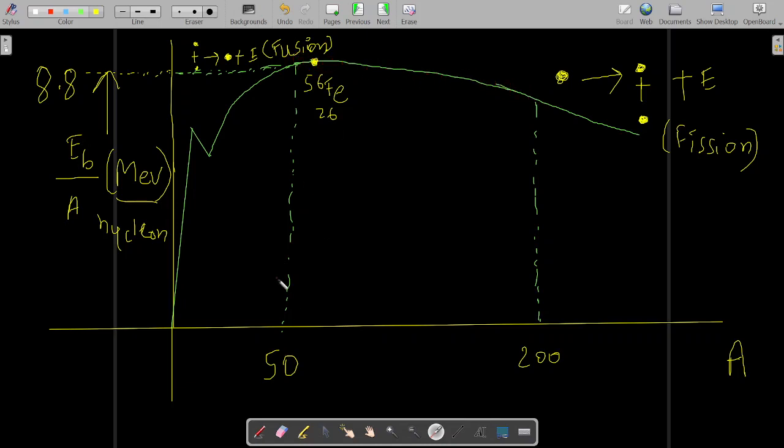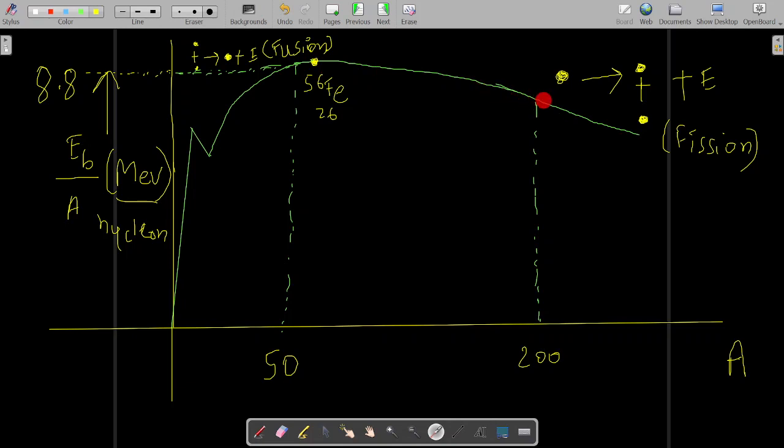In the region of atomic mass number 50 to 200, the stability decreases a little at a slow rate, but more or less it remains constant.